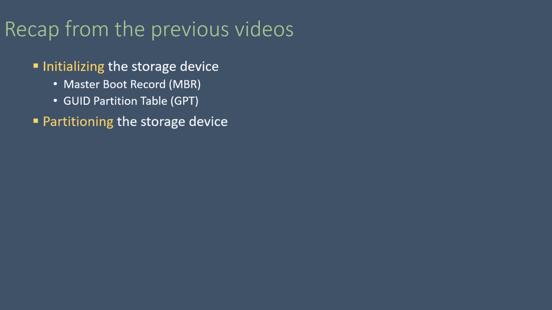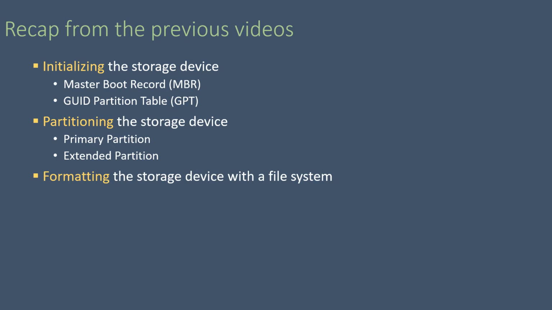The second task is partitioning, and we have 2 types of partitions: primary partition and extended partition. And the last task is to format your partitions with a file system, and the most common file systems used in Windows are the FAT family, FAT16, FAT32, exFAT, and NTFS.